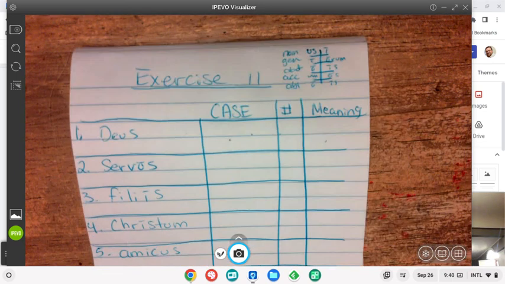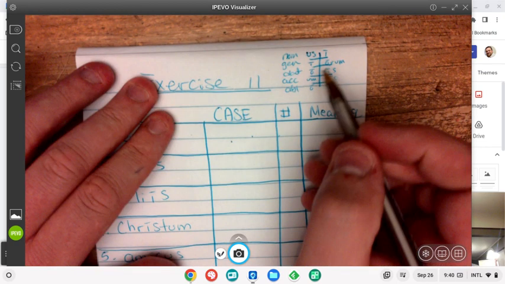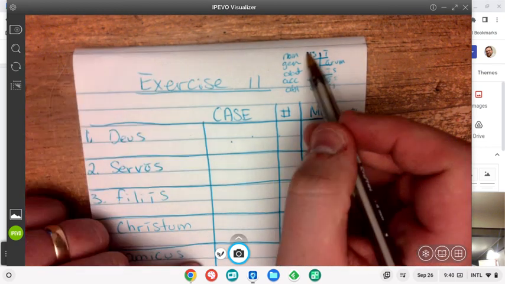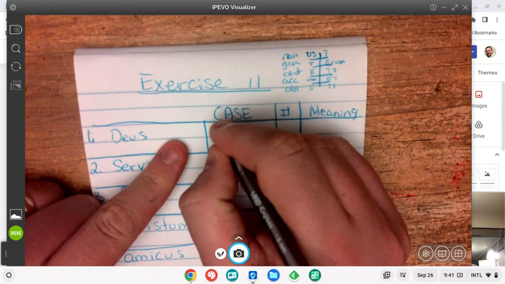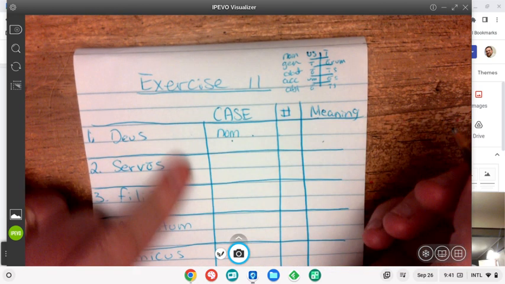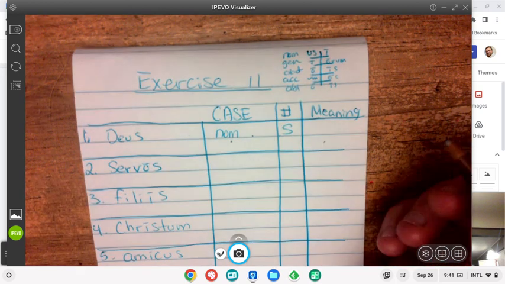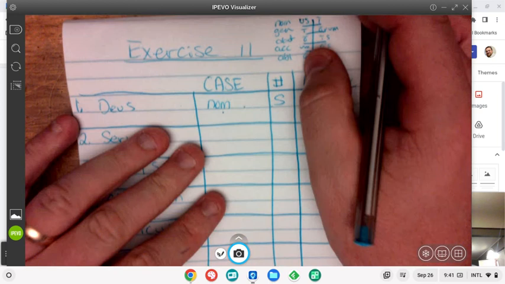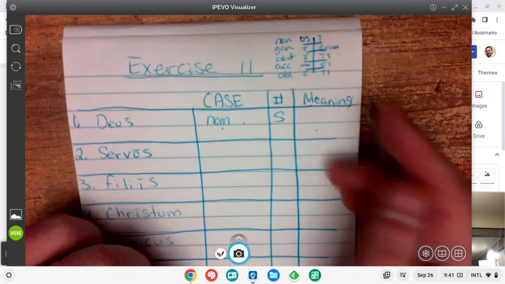And so our first word is deus. Where do we see an us ending? We only see an us ending in one place. It is nominative and it's singular. So the case is nominative. I'm just going to write nom and then s for singular. What is the nominative case for? The nominative case is the subject of the sentence.